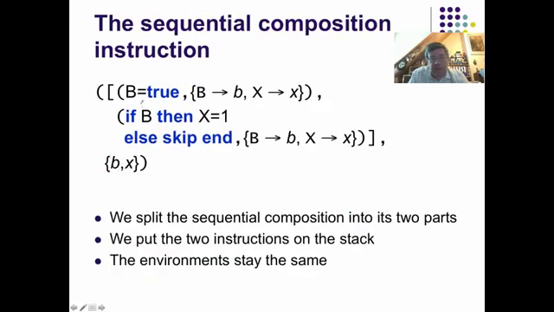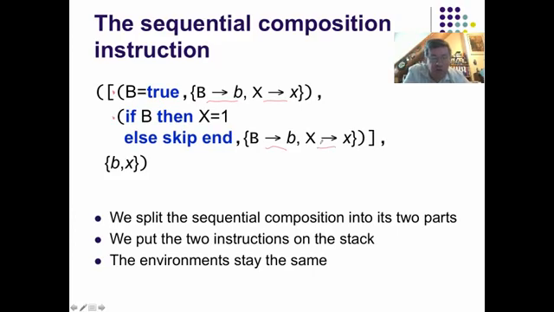We take this one instruction off the stack, the sequential composition, and we look at the two instructions inside, and we split the sequential composition into its two parts, and we put them both on the semantic stack. So the semantic stack now has two elements. The environments for both of these instructions are the same.